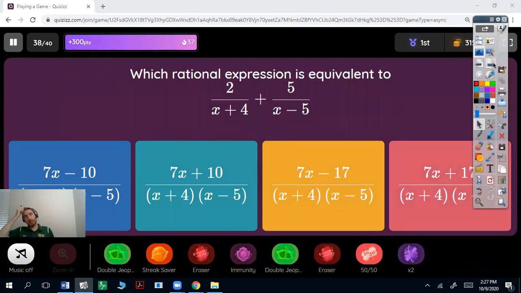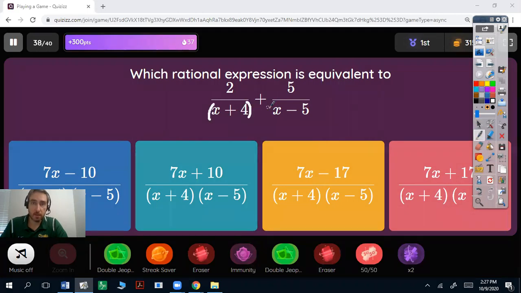All right, which rational expression is equivalent to 2 over x plus 4 plus 5 over x minus 5? What you want to do here is borrow and steal denominators. So we're going to take the x minus 5 and bring it over here. Copy it to the top. We're going to take the x plus 4, do the same thing. And we're going to distribute that 2.